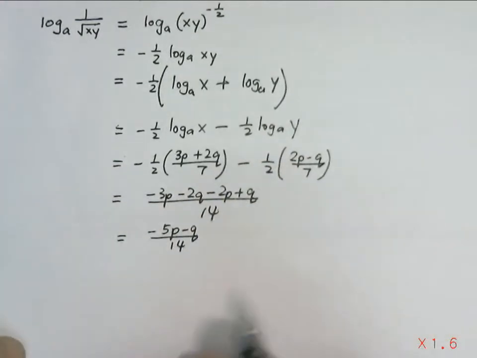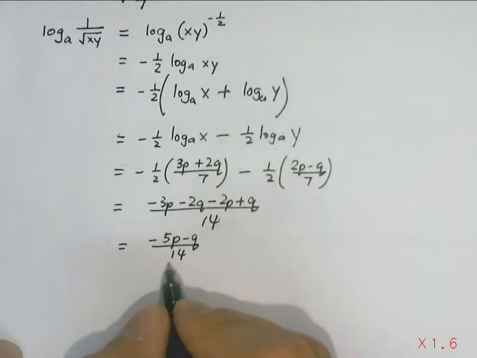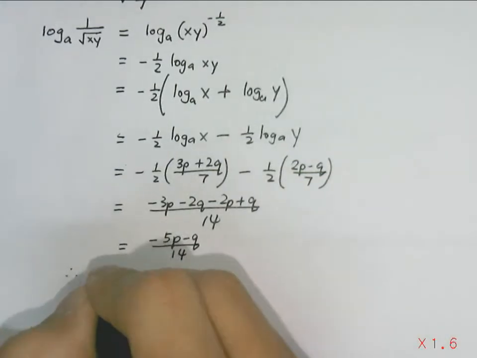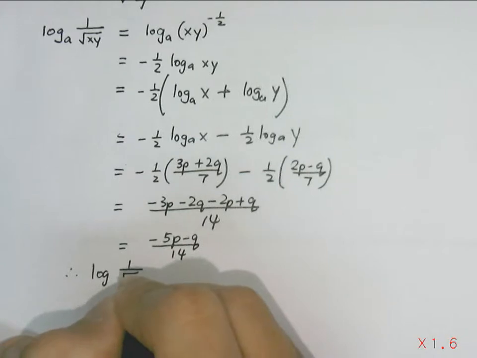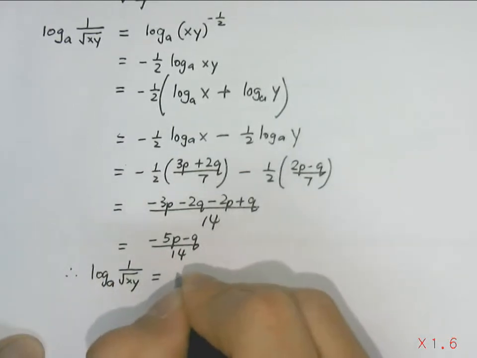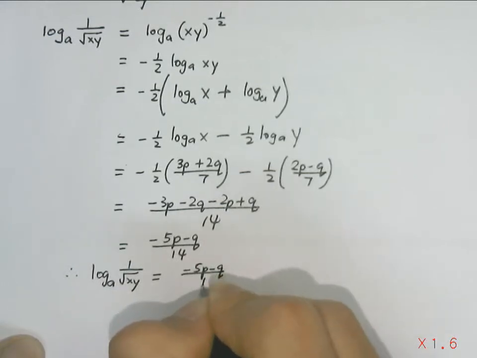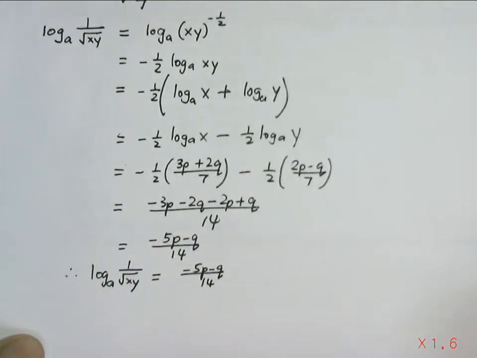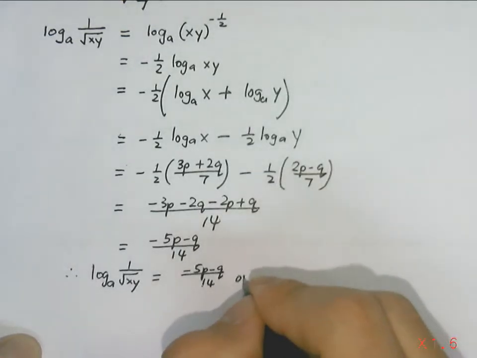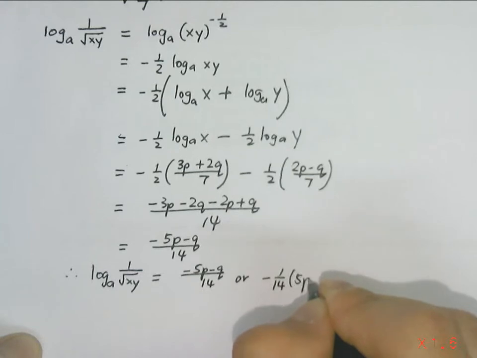Right. So simplifying carefully, you should get this term here. Then you finally express the term log 1 over square root xy base a as minus 5p minus q over 14. Right, or you can just simplify it this way, 5p plus q.